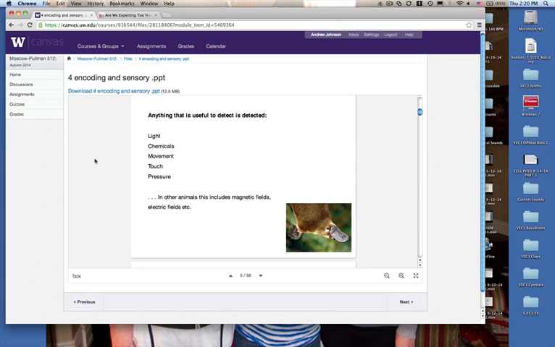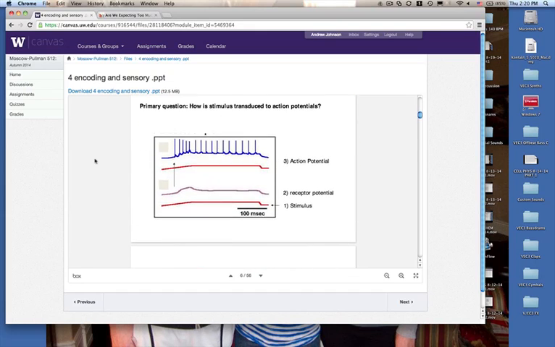Birds can detect magnetic fields, so you wouldn't need GPS. You could just detect a magnetic field and go south or something like that. We still need GPS, I think. Anything that's really useful to detect, we can detect. Magnetic fields and electrical fields aren't so useful for us, so we don't have structures to detect them.